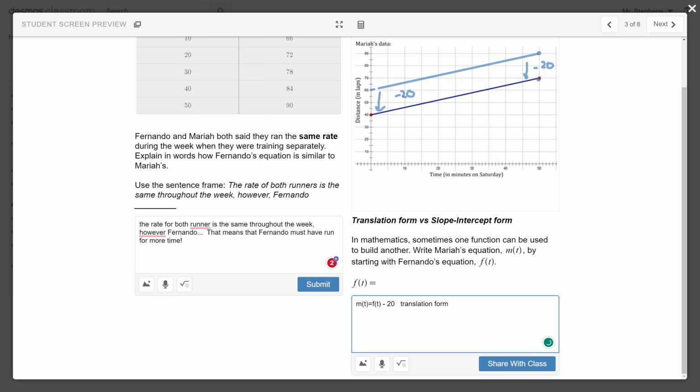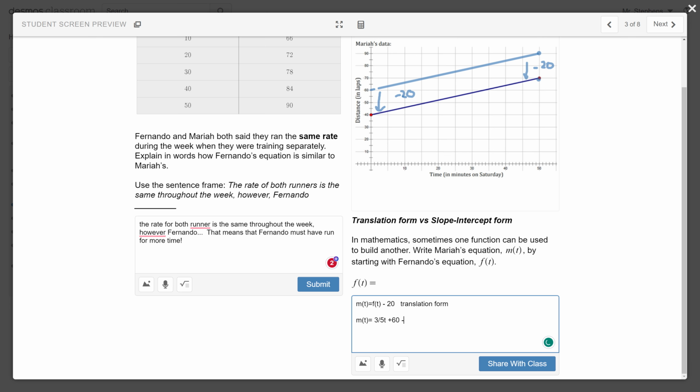All right, next we're going to do the slope-intercept form. So m of t equals, we already know Fernando, we said this last time, he was 3 over 5 t, and we're going to go, what was he, plus 60?